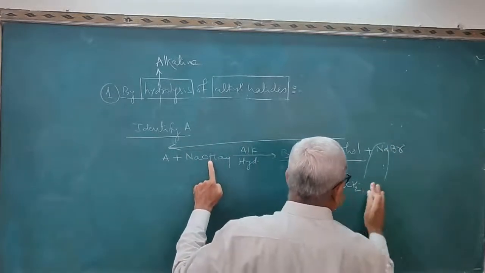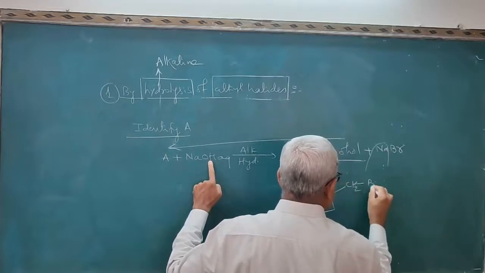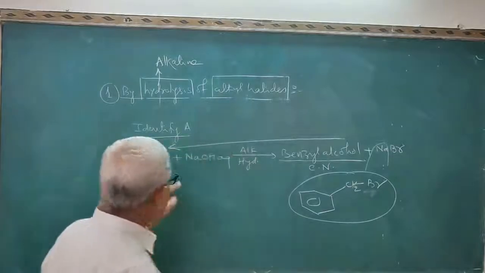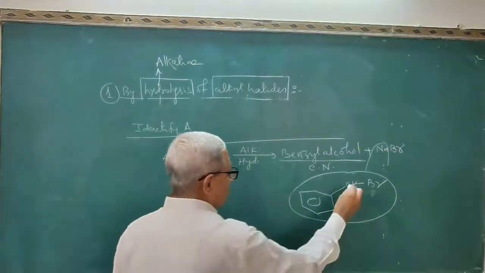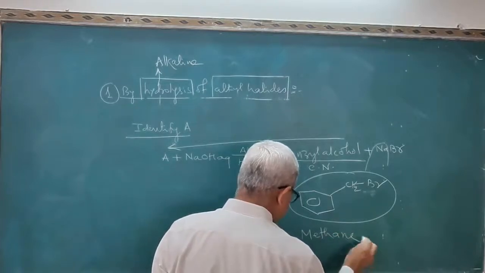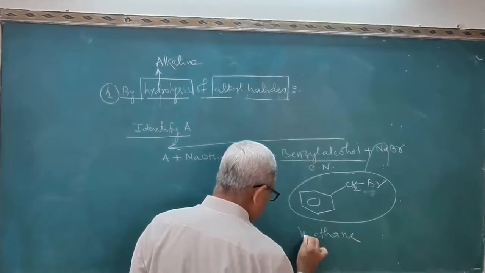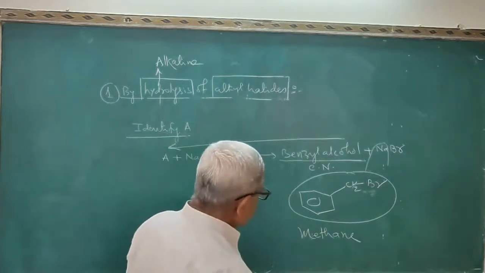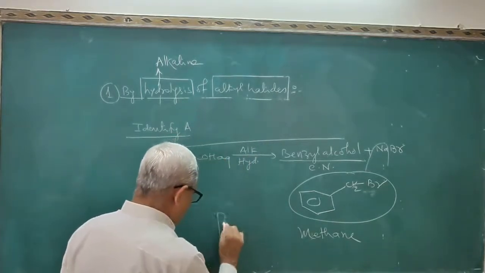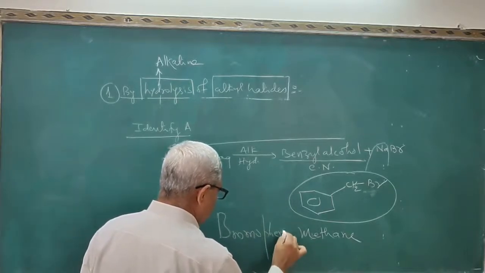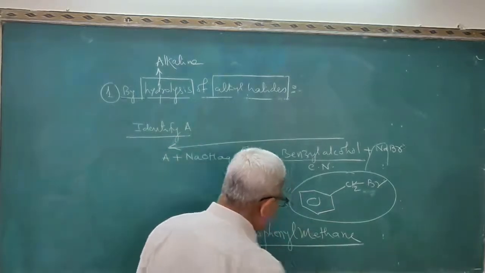So this OH will be substituted by Br. So this is your structure, and write its IUPAC name. It contains only one carbon atom, therefore it is a derivative of methane. So the name will become bromophenylmethane. This is the IUPAC name.